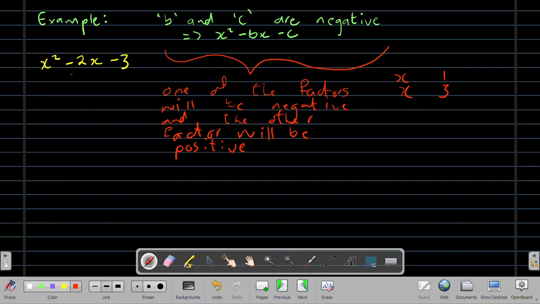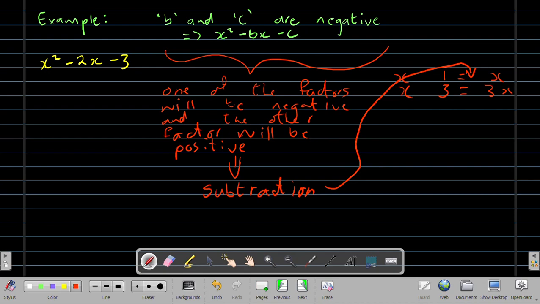We know we're going to have a subtraction here. So we're going to have an x times 1, and then x times 3, which is going to give us a 3x.